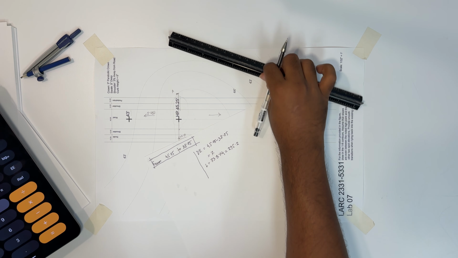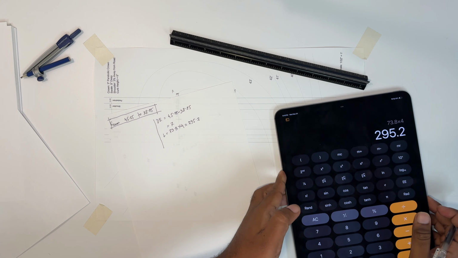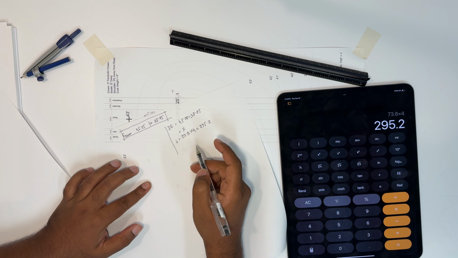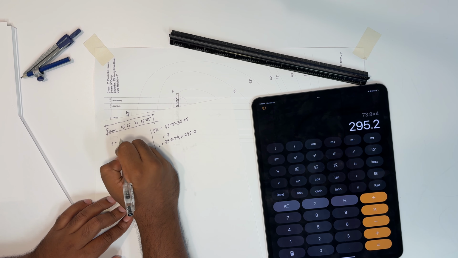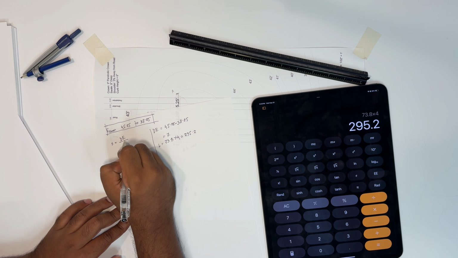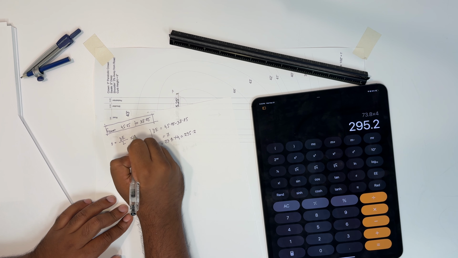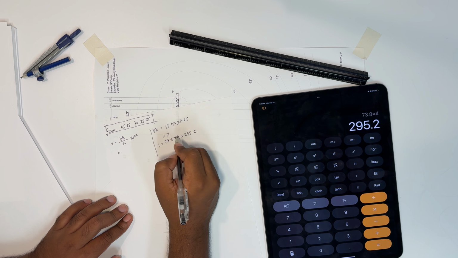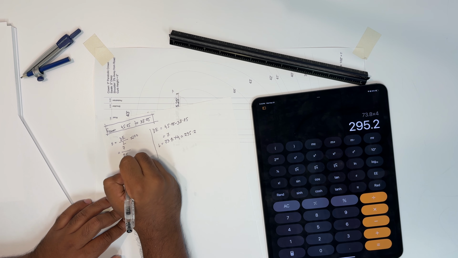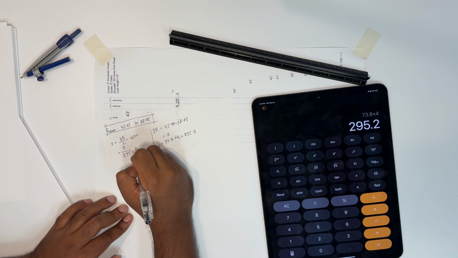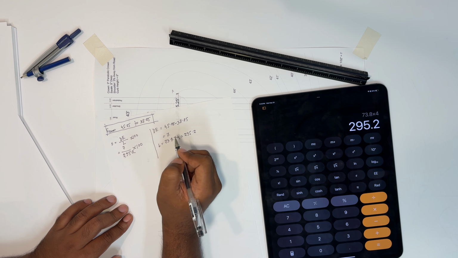So as we know, S equals DE divided by L times 100. So DE is 7, L is 295.2, times 100.